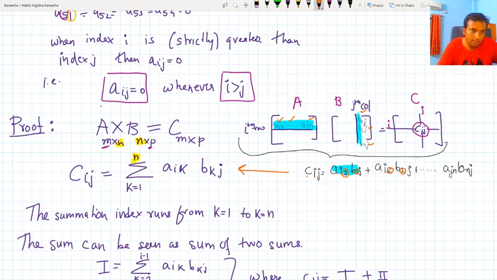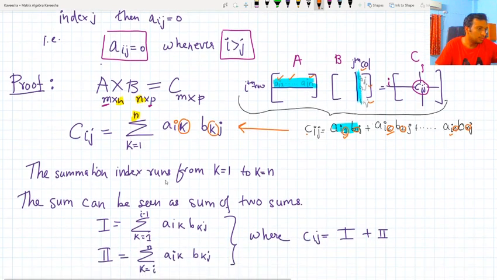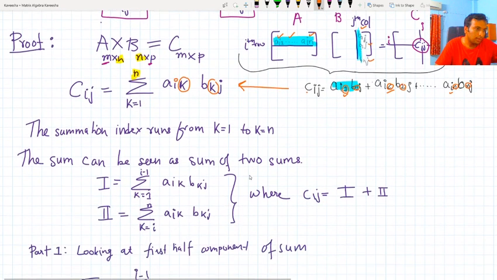So this is the entry which is changing from 1 to n. So we just sum from 1 to n, Aik times Bkj, where k is the variable. This k sums up from 1 to n. So the summation index runs from 1 to n.